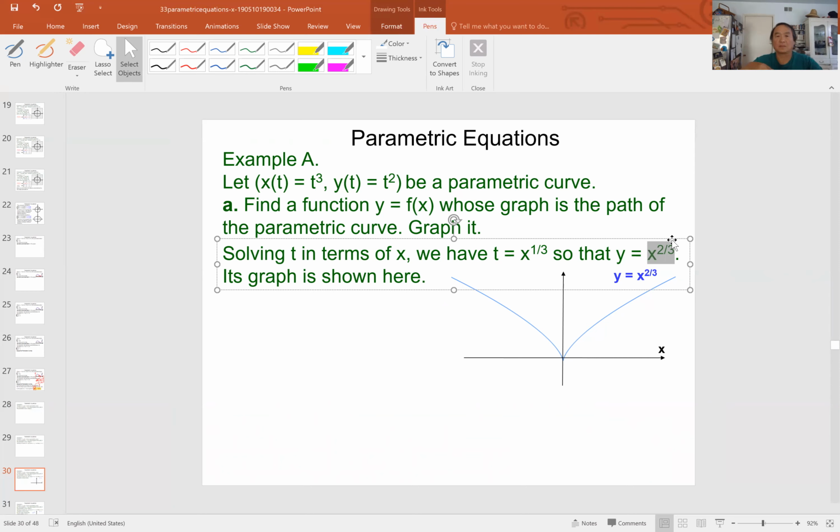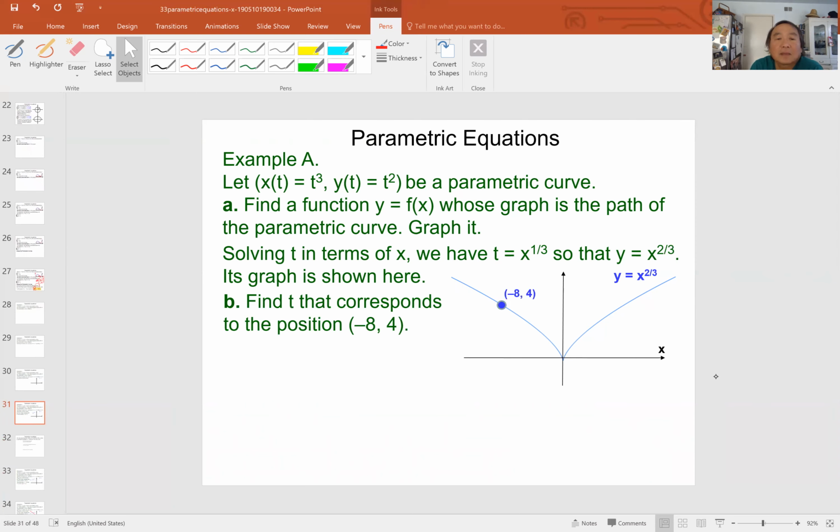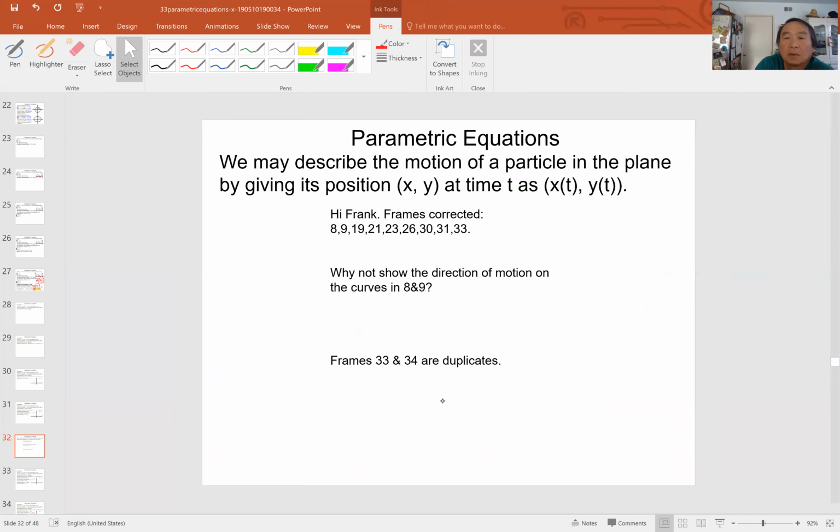That's why you get both sets on top, y positive. At that particular time, when will the point be at the point (-8, 4)? Well, just plug it in: -8 becomes x, so the cube root gives -2. So t is -2, sorry.